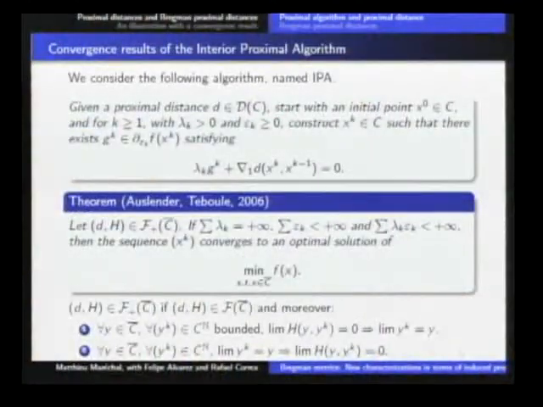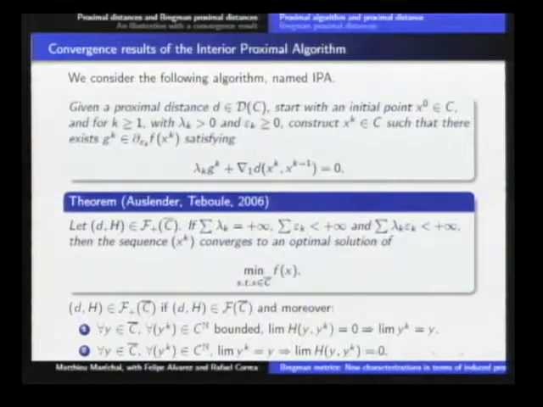Thanks to this, for example, there is a very well-known convergence result of Salzmann in 2006, in which they consider the algorithm in the case where f is not necessarily differentiable, which consists of finding a g_k belonging to the epsilon_k-subdifferential of f at x_k, such that this inequality holds.